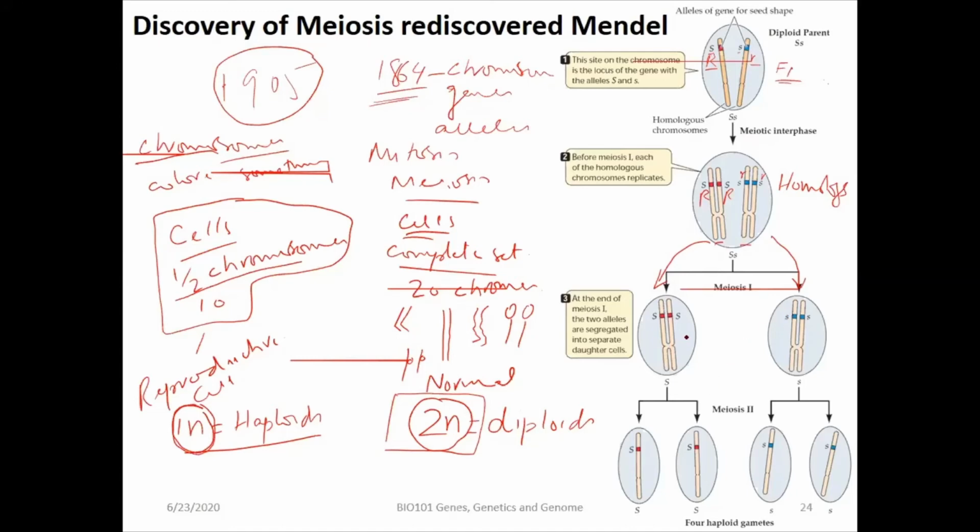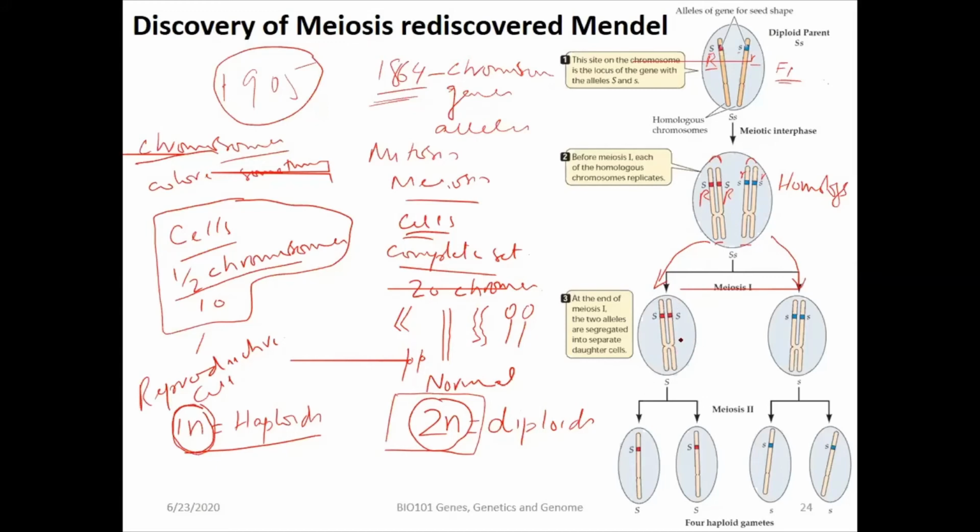And now after meiosis 2, here the sister chromatids, what were these? When duplication happens, we call the copies sister chromatids. This is its sister chromatid, and this is its own, but together they are homologous chromosomes.